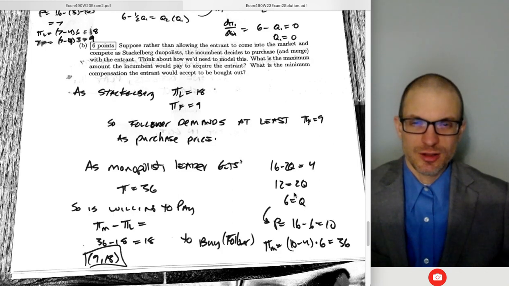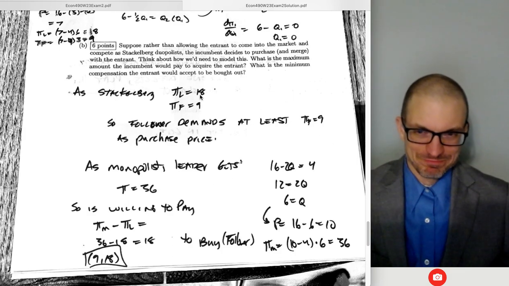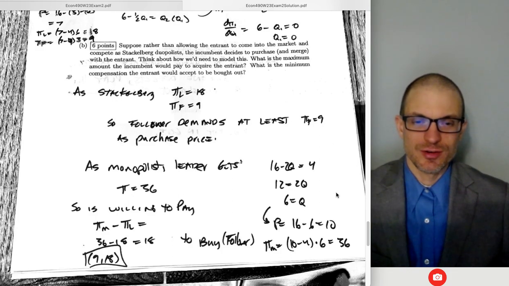So as a Stackelberg firm, the leader gets profits of 18, but as a monopolist, they get 36. So they'd be willing to pay up to 18 to buy the other firm, but not more than 18. Say they paid 19, right? Then their profits as a monopoly would be reduced, 36 minus 19, down to 17, and they wouldn't want to do that, right?